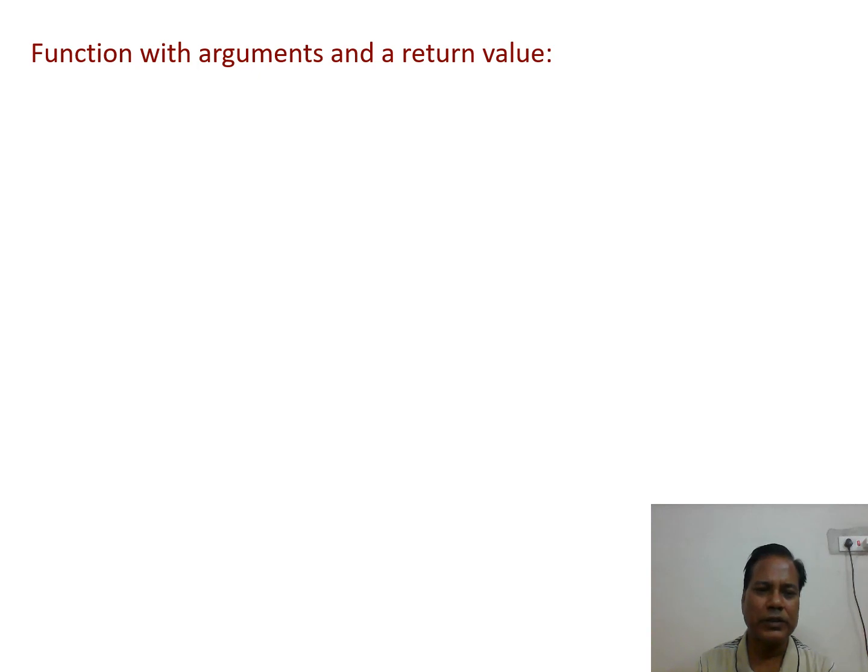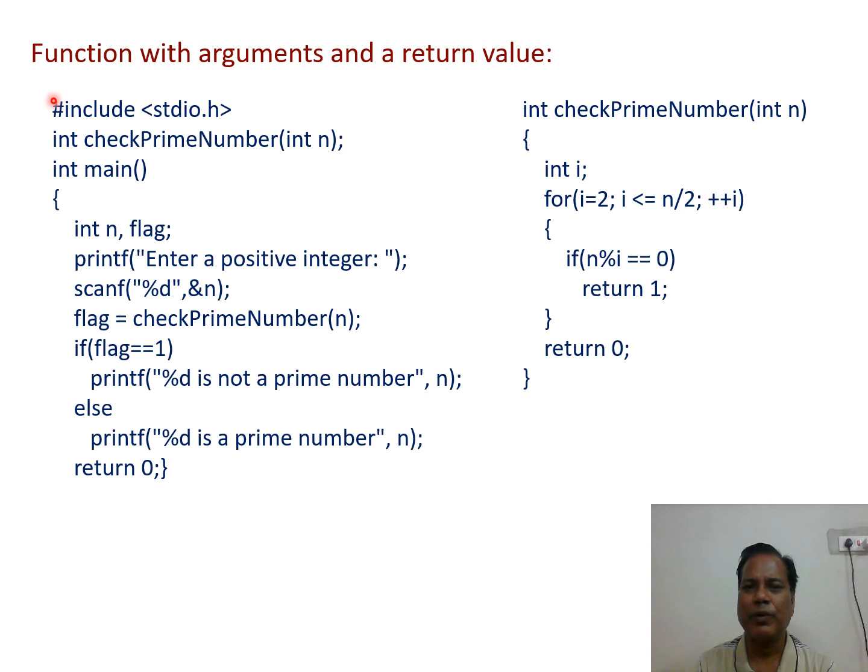Now the next and last category is function with arguments and a return value. An example program is again like this one, and again the same functions are written.